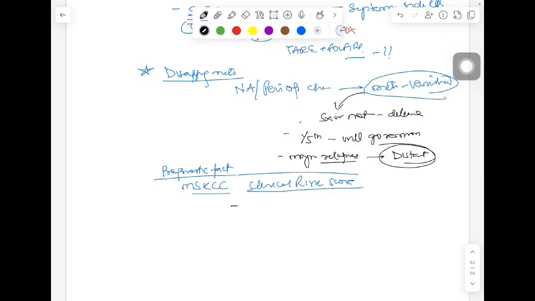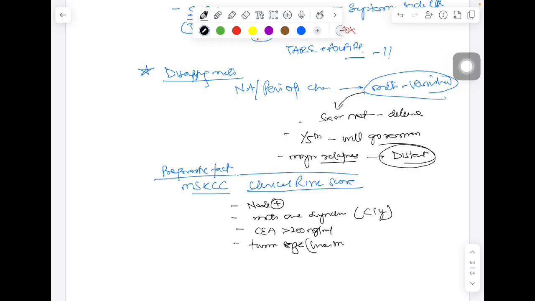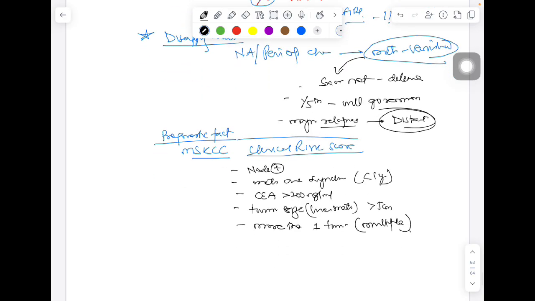It has 5 risk factors, like node positivity of the primary, whether the mets are synchronous or less than 1 year from the primary diagnosis, CEA more than 200 nanogram per ml, then tumor size, that is liver mets size more than 5 centimeter, and more than 1 tumor, so it's multiple or multifocal disease. Now the importance is not there.